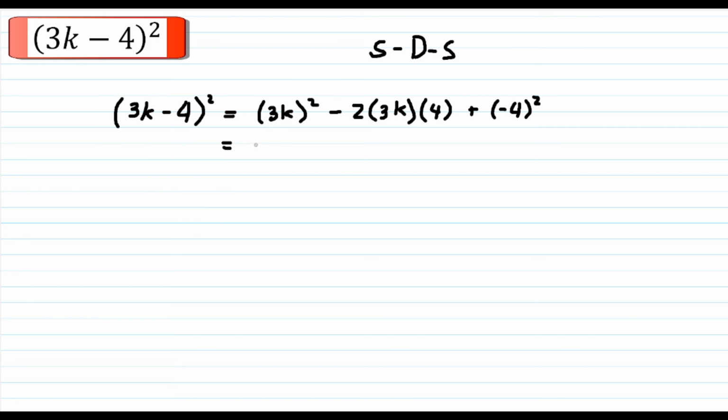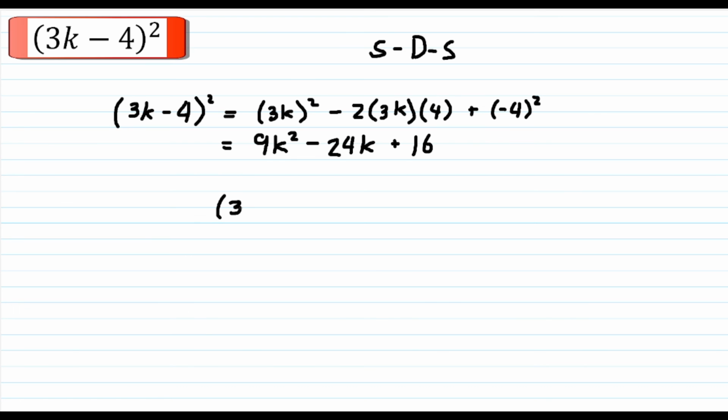Okay? So, the square of 3k is 9k squared. So, 9k squared minus 2 times 3k times 4 is 24k plus 16. So, yun na yun. That's the square of 3k minus 4.